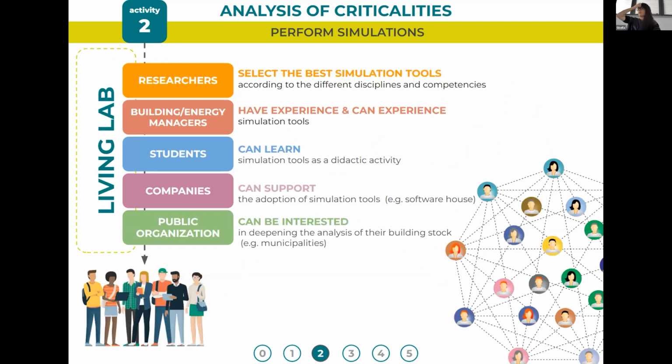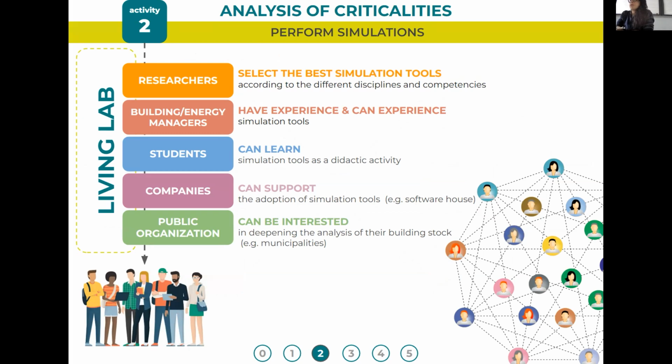Regarding the performance of simulations, looking at the living lab, we can say that researchers are the ones who select the best simulation tools according to the different disciplines and competencies.